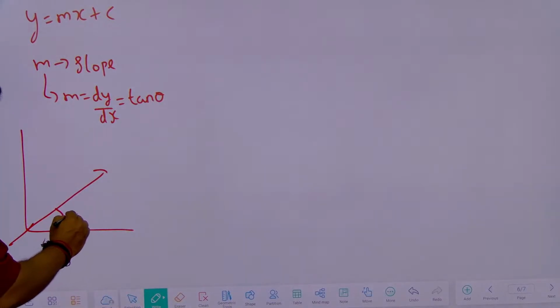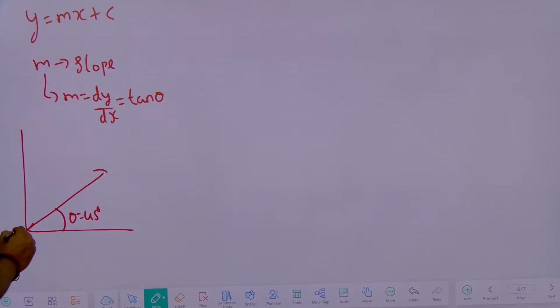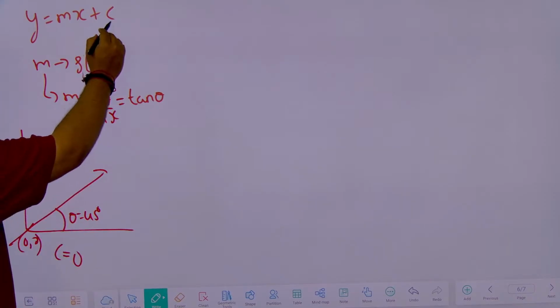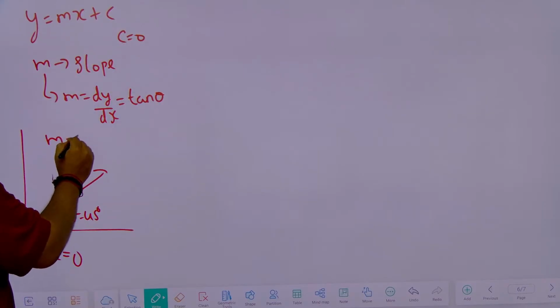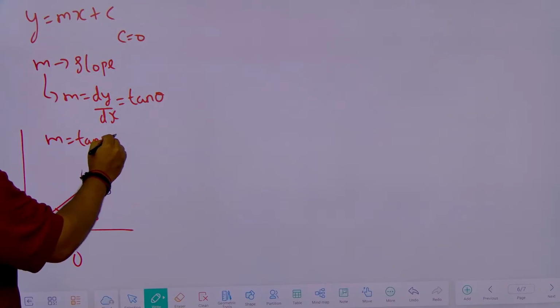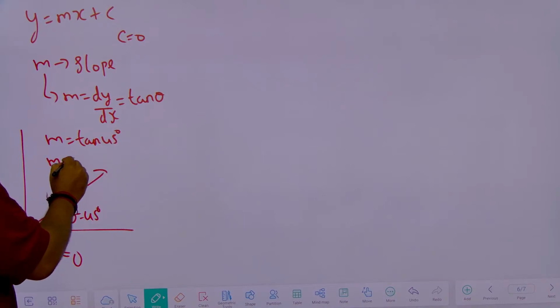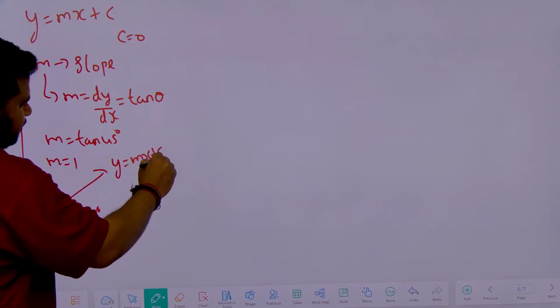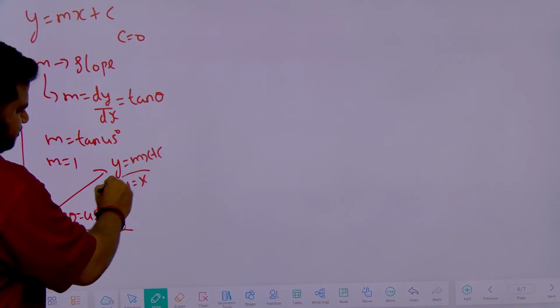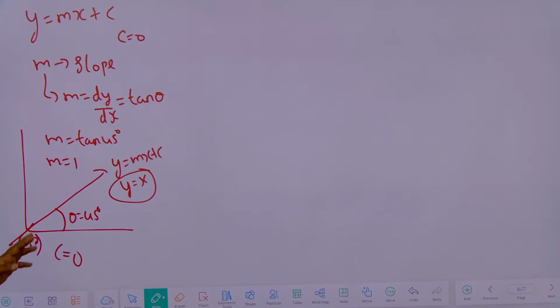If theta is 45 degrees, and this line is passing through origin, 0 comma 0, then c will always be equal to 0. And the slope will be m is equal to tan 45, that is m is equal to 1. So y is equal to mx plus c will become y is equal to x. This one you have to keep in mind.